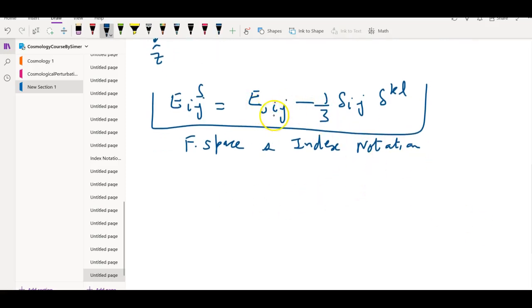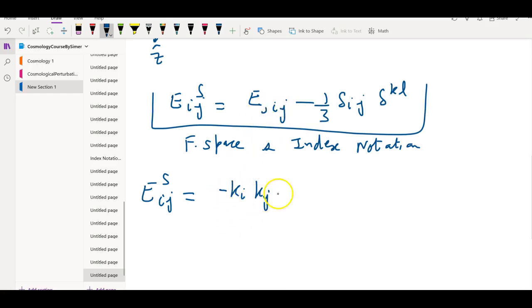So when we are differentiating with i and j, this will become E_ij S in Fourier space using index notation. k_i will come here, k_j will come here, and 2 iotas will come.